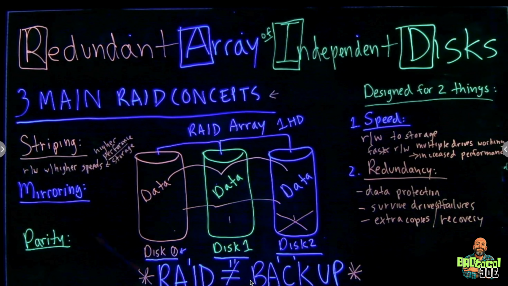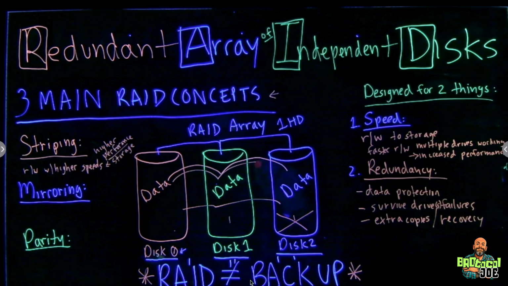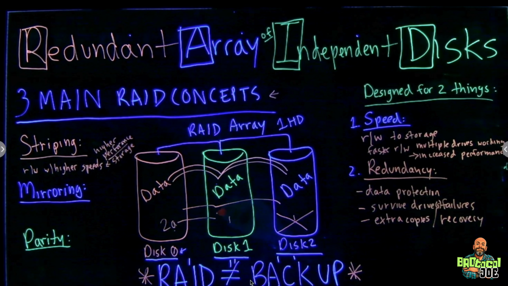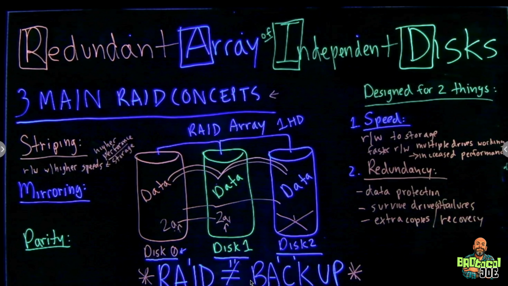Now mirroring. Let's not make it more complicated than it sounds. Mirroring duplicates data across two drives. Striping stripes the data across all three drives. What mirroring does is it takes, let's say, data block 2A here, and makes a copy of data block 2A there. So the information on disk 0 and the information on disk 1 is mirrored.